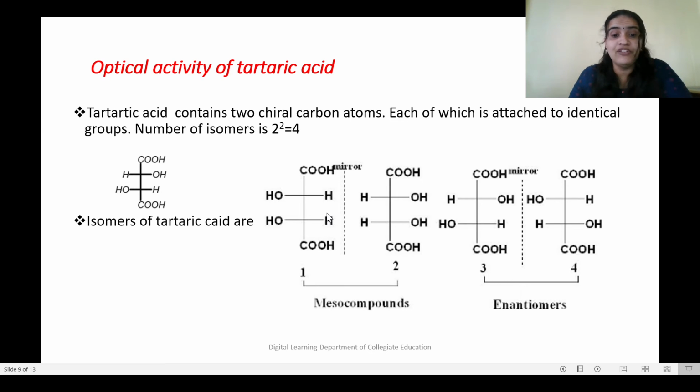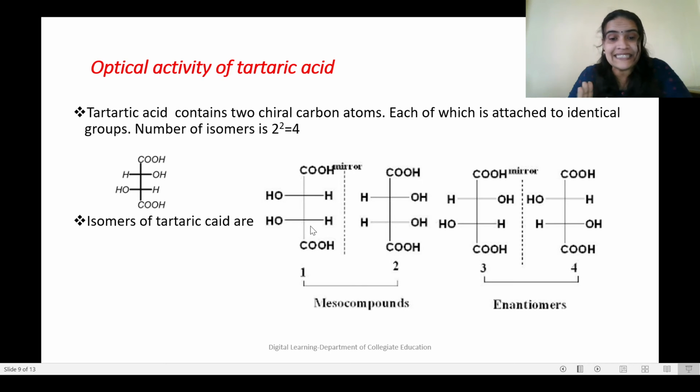And also if you observe, you can find that if structure 1 is rotated through 180 degrees, if this carboxyl group rotates and reaches the bottom, we get this compound, structure 2. It means 1 and 2 are not separate structures.